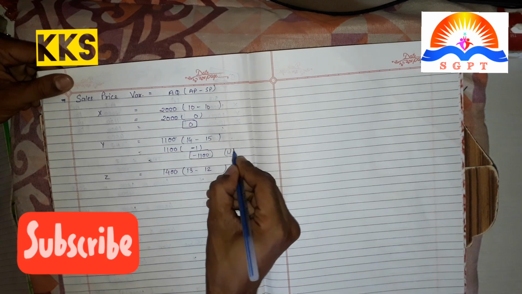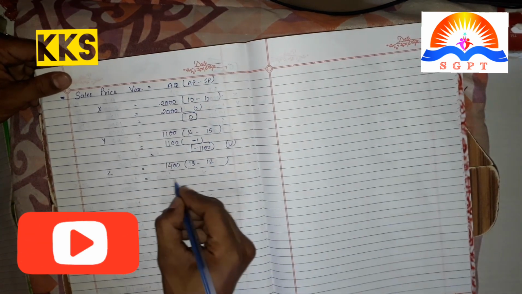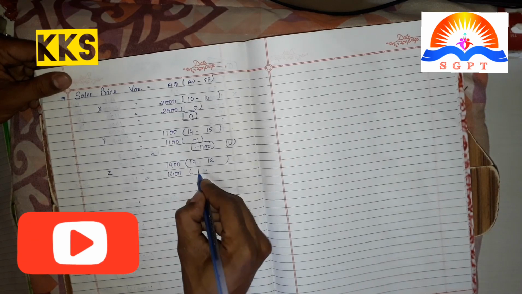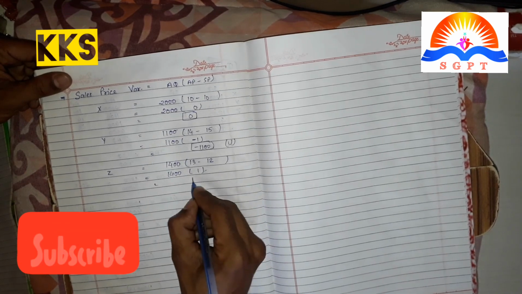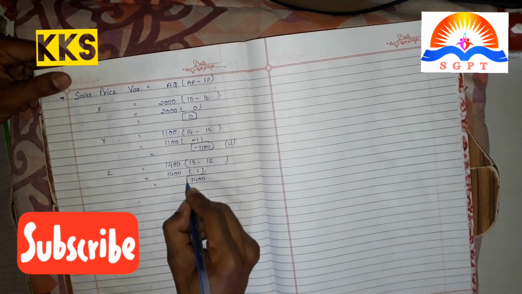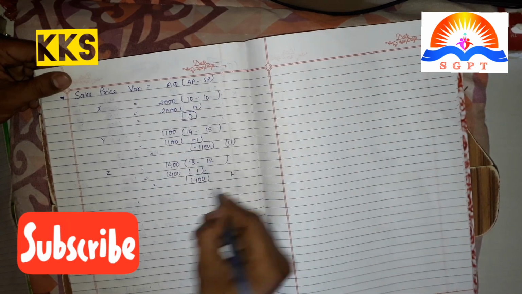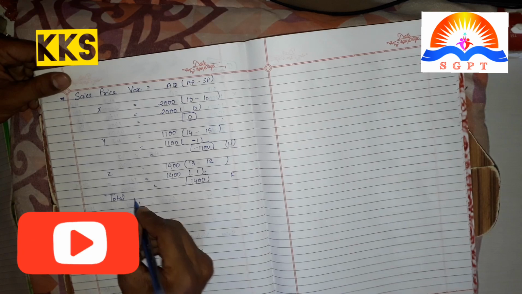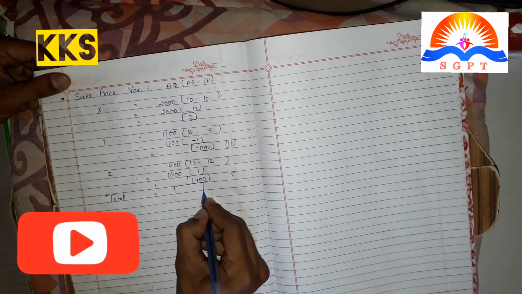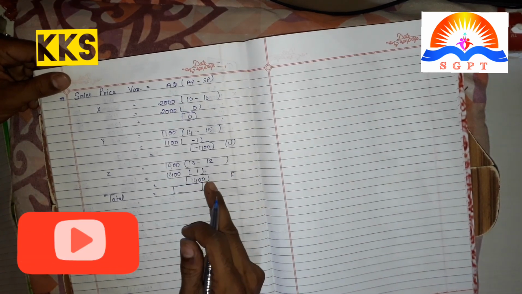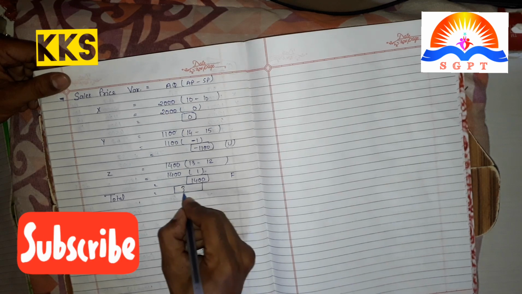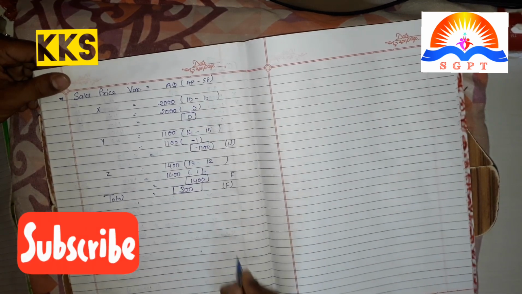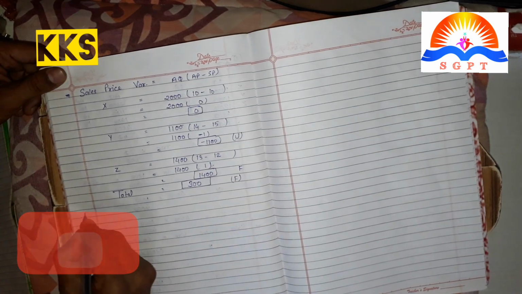If it is minus, write U for unfavorable. For 1,400, 13 minus 12 is 1, so 1,400 favorable. Now total sales price variance: minus 1,100 plus 1,400 means positive 300, so write favorable.